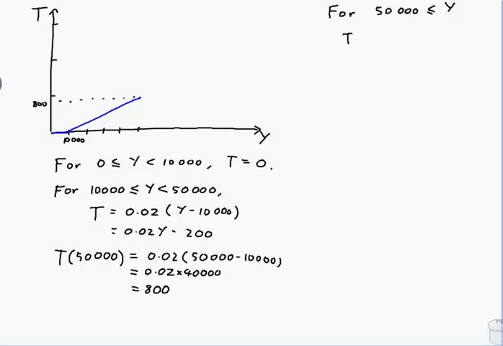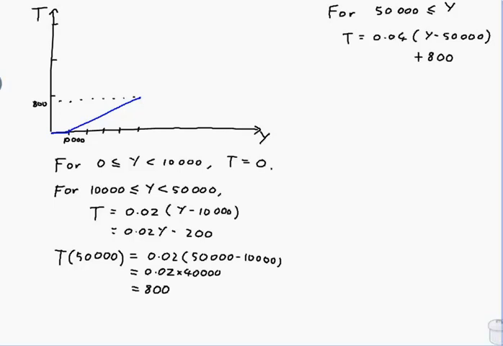So T is equal to 0.04 times (Y minus 50,000), using the same reasoning as before. That would give us zero tax for $50,000, but it needs to be at least 800, so we should add on the 800 tax we've already paid for the first 50,000. And again, that's another straight line if you look at it more closely.